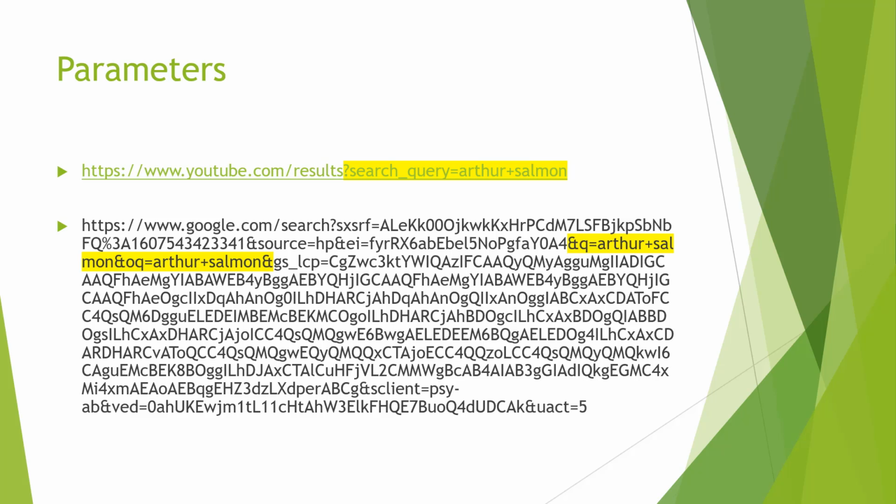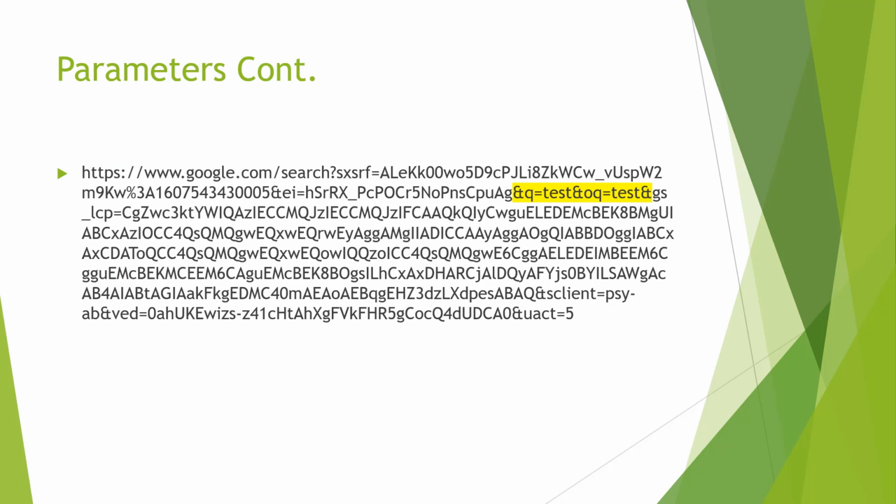With Google, we see an ampersand, a Q equals the search string, an ampersand, an O, a Q, and the search string again, and it ends with an ampersand. And it does this regardless of what you're searching for. This is just how Google does their searching.